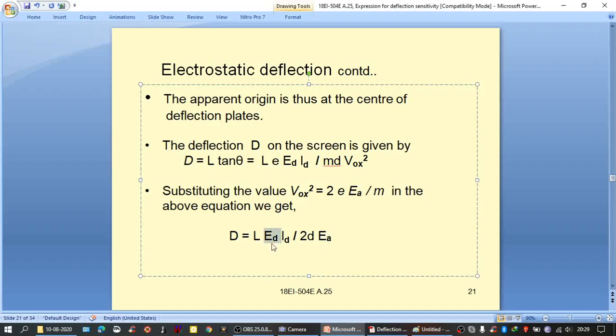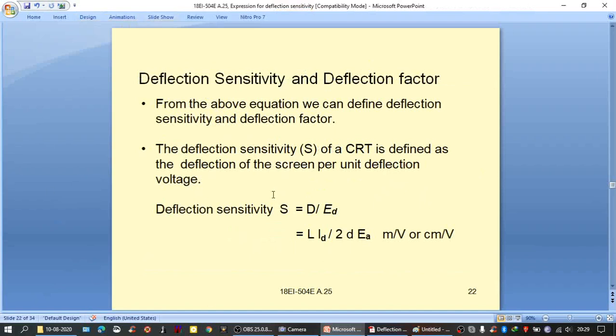So because of Ed deflecting voltage, we have got a vertical deflection of D. So for unit deflection voltage, that means sensitivity, if I write the symbol as S, S is equal to D by Ed is L LD by 2d into Ea, in meters per volt or centimeters per volt. That is the expression for deflection sensitivity.